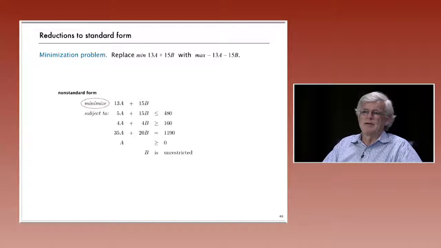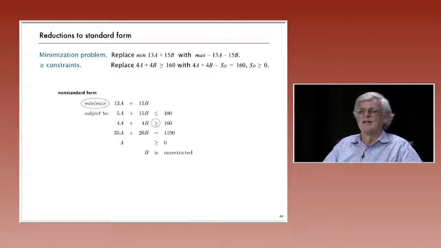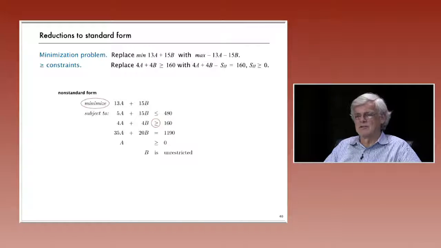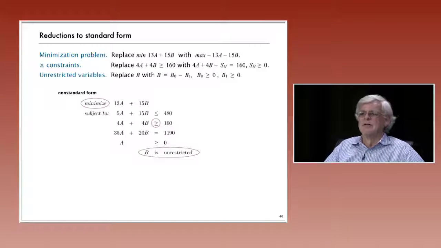So one thing is maybe somebody wants to minimize. So if somebody wants to minimize, you replace that minimization with the standard form says maximize, so you just negate everything. So that's equivalent. If you have inequalities, add a slack variable. Subtract the slack variable, it's got to be positive, that converts a greater than or equal constraint to an equality just by adding a variable.